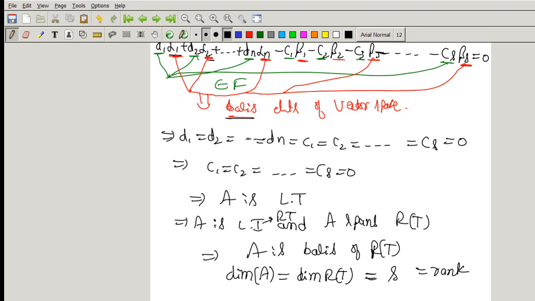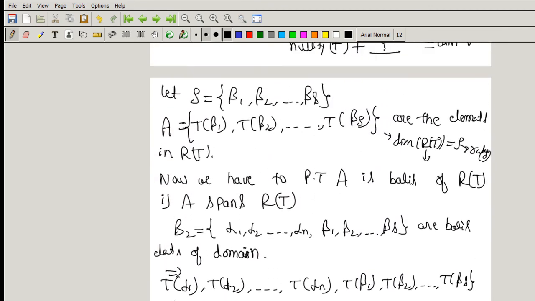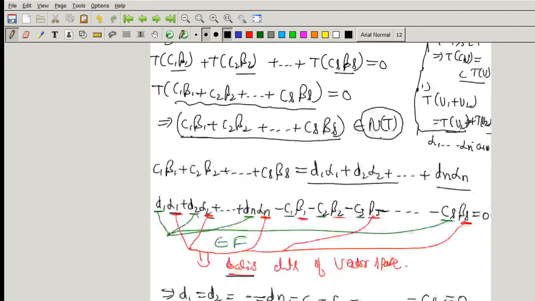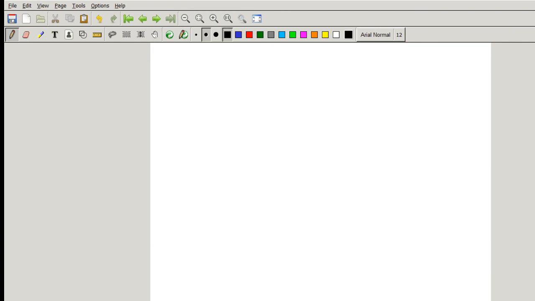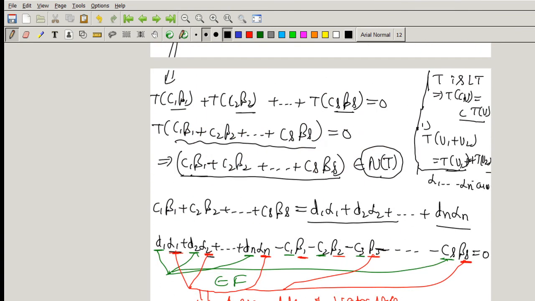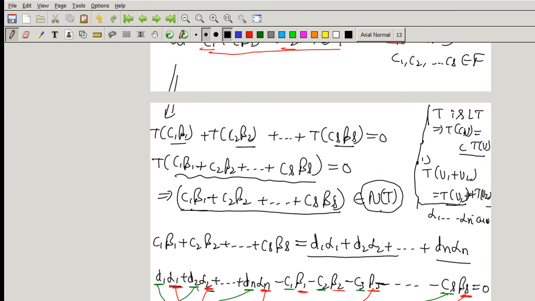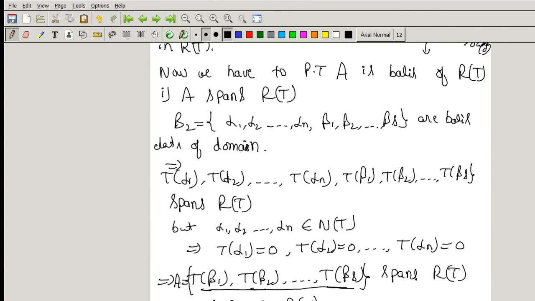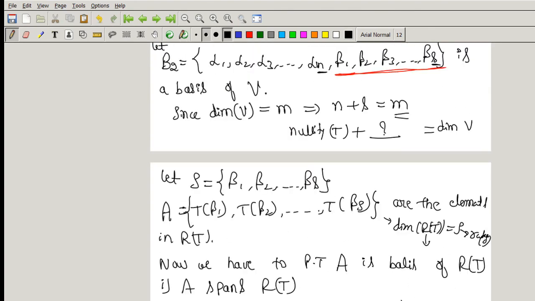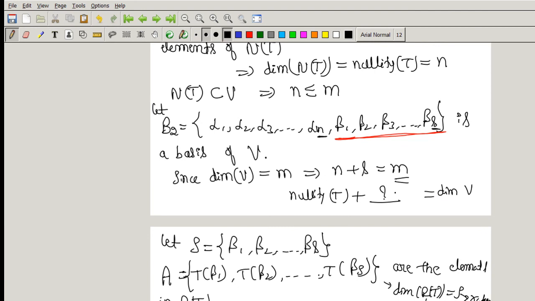Let us call this equation 1. N plus S is equal to M. This N is nothing but the nullity, and S is nothing but the rank.